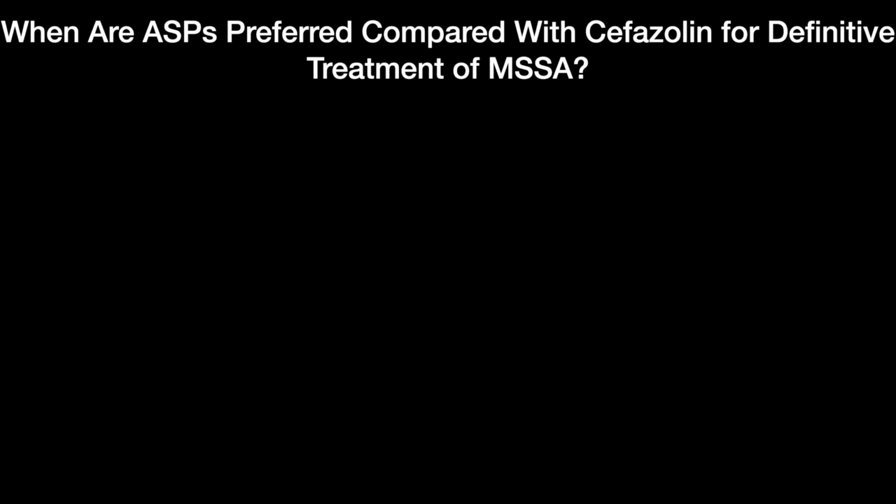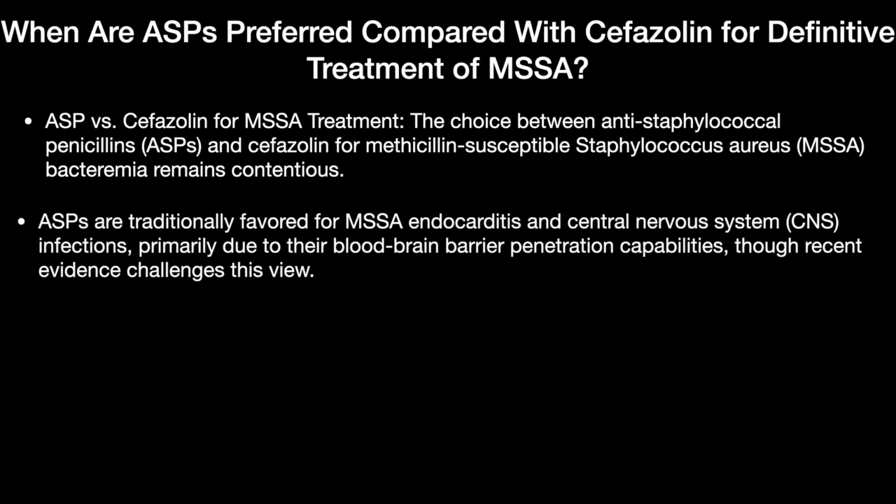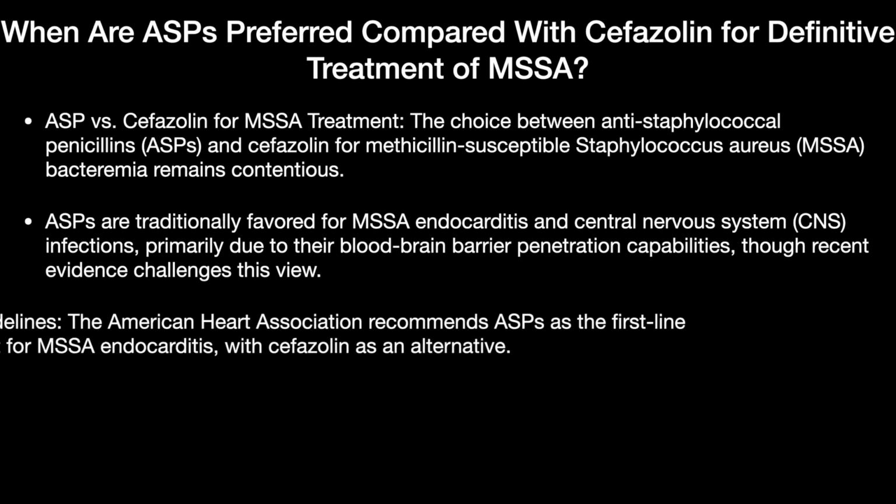When should you prefer anti-staph penicillin over cefazolin in MSSA? Now, the choice between anti-staph penicillin and cefazolin for MSSA remains a contentious issue. The penicillins are traditionally favored in MSSA endocarditis and CNS infections, primarily due to blood-brain barrier penetration capabilities, though recent evidence challenges this view.